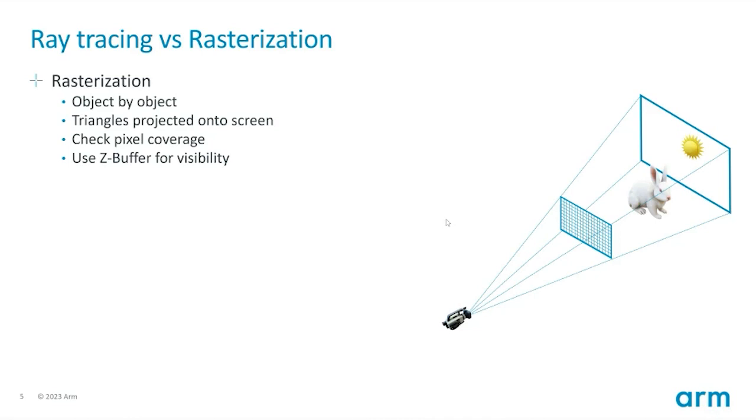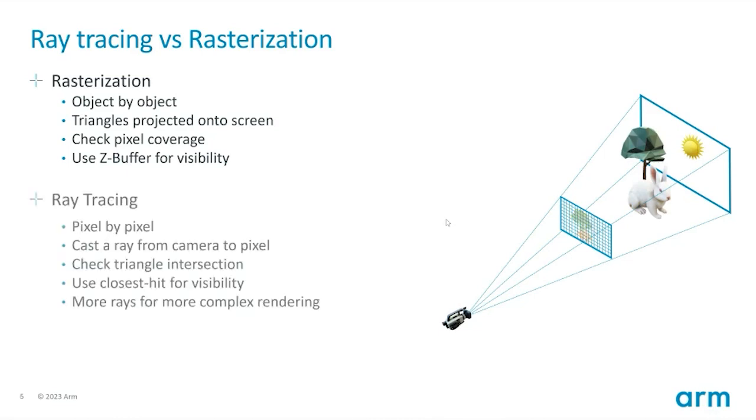We will transform the vertices and then project all of them onto the 2D screen, check for triangle coverage, and for the pixels that each triangle covers, we will then shade the final color. And we repeat this with every object. And in the case where an object is hidden by some other object, we can check for their depth value in the Z buffer, and that way we can resolve those conflicts.